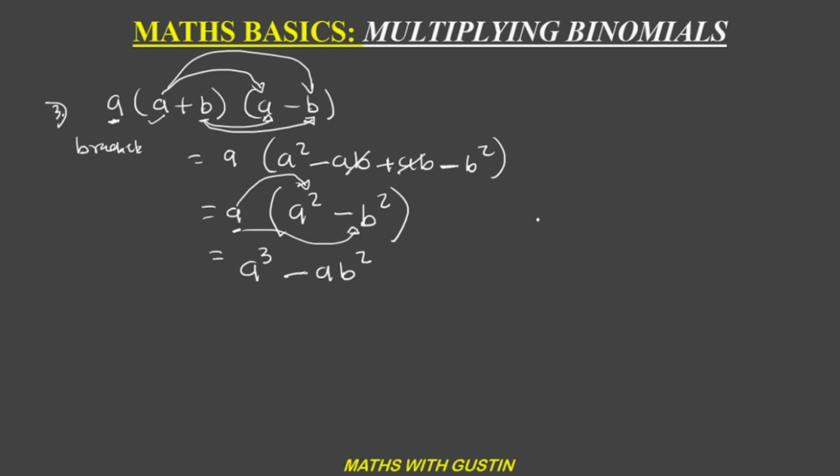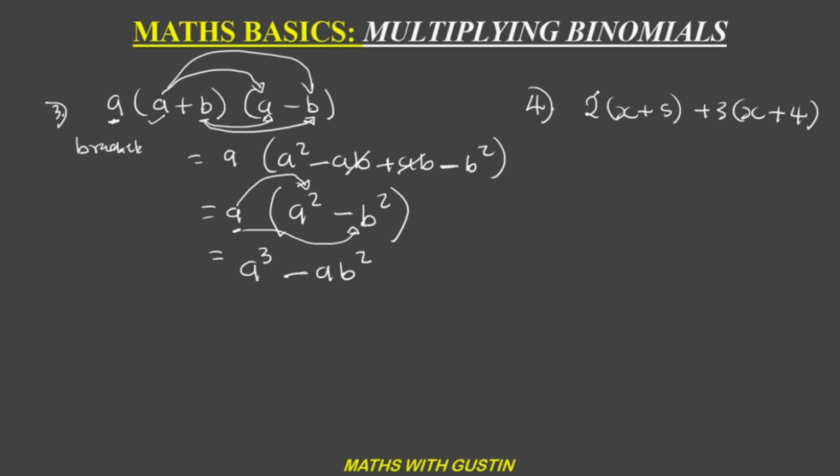I can see you guys are asking for one more. Okay, let me give you another one. Here's another one: 2(x + 5) + 3(x + 4). In this situation, what you would do is remove the brackets first.